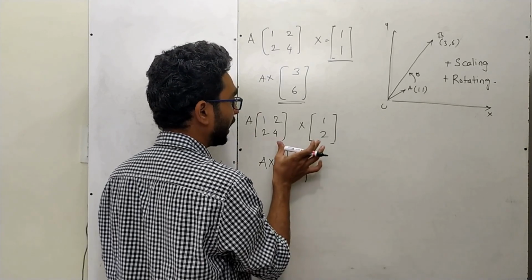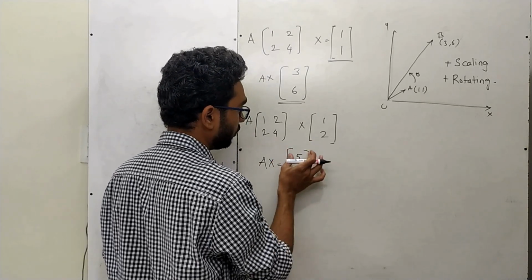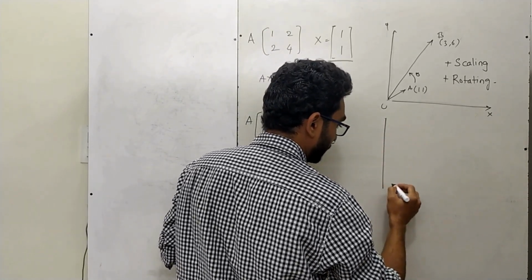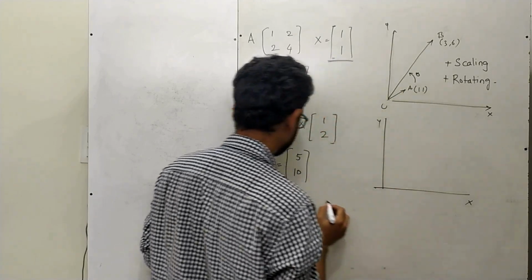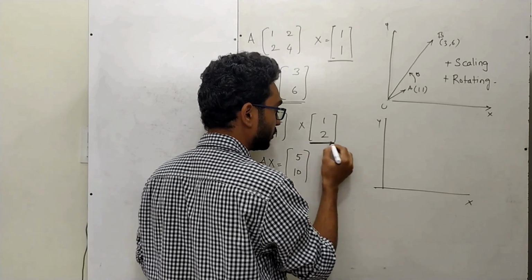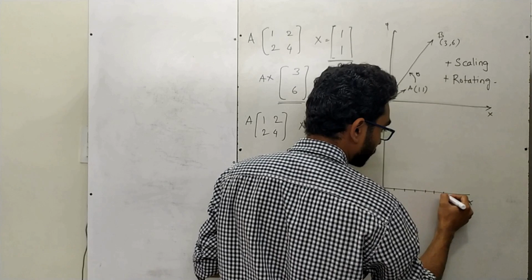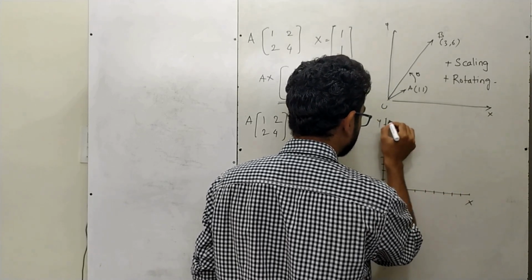Simply I multiplied these two matrices, so AX is equal to 5, 10. I will plot these vectors on my x and y axis.